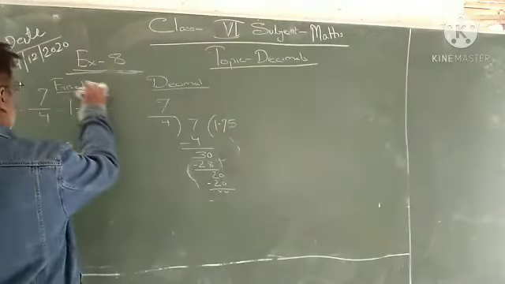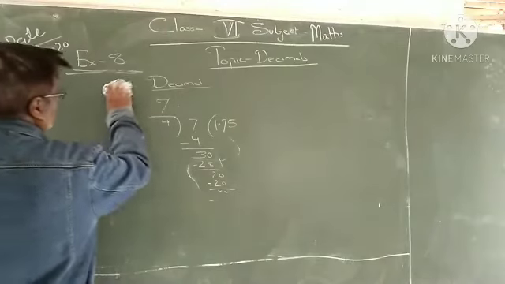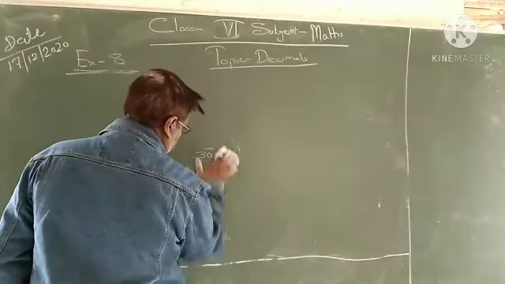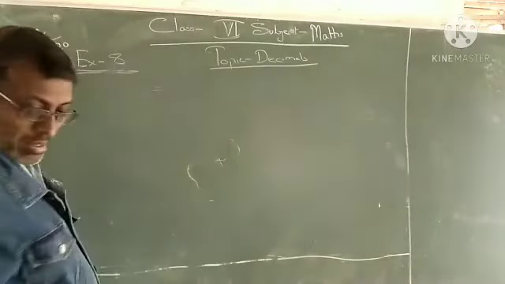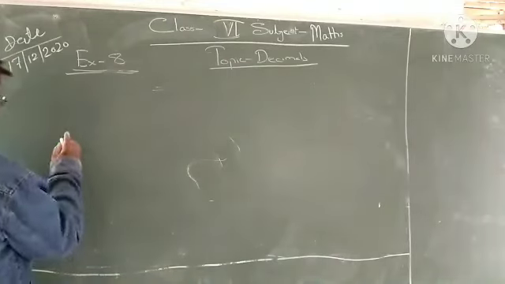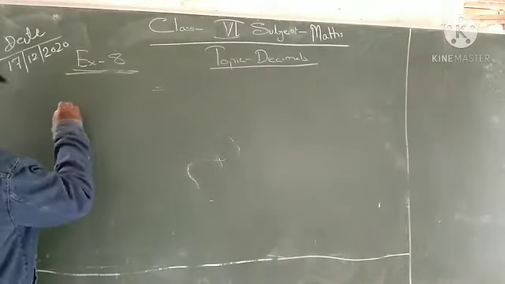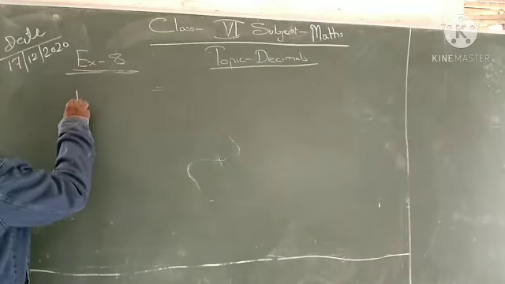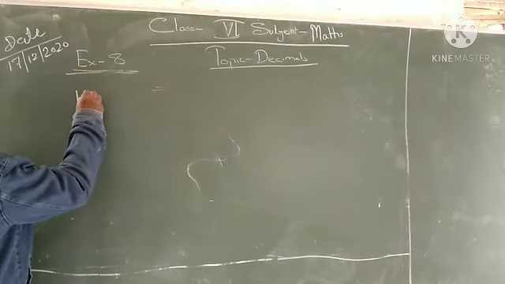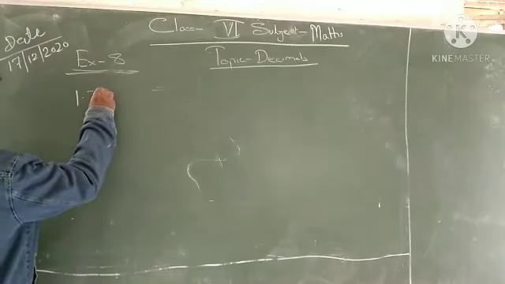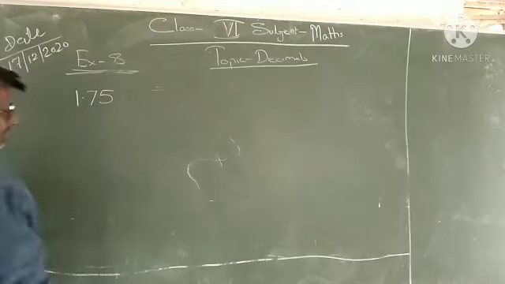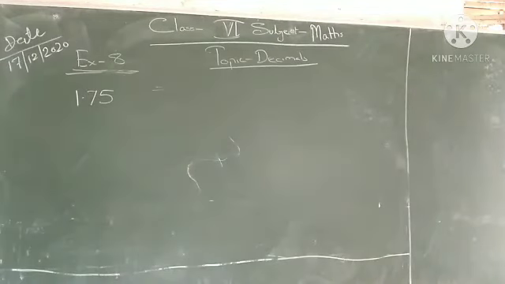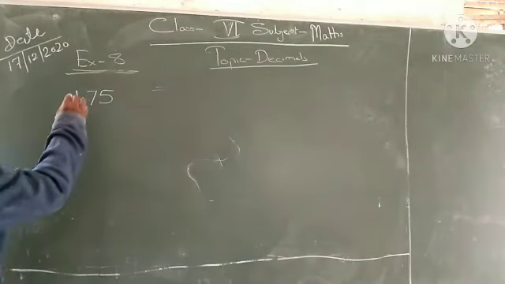So now coming to decimals. Suppose we divided 7/4 and got a result of 1.75.